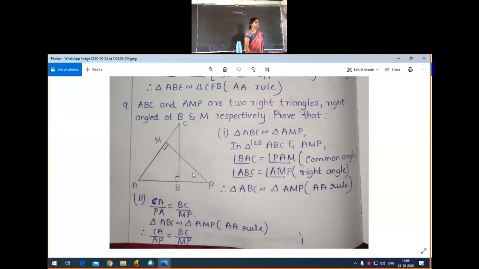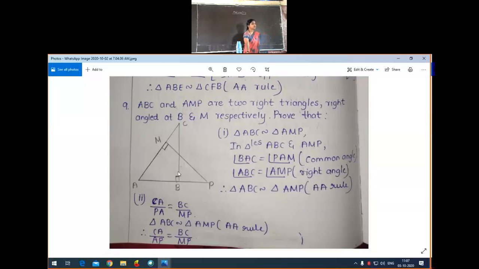My proof is already over, because we just showed that these two triangles are similar, and in similar triangles corresponding sides are always proportional. Since triangle ABC is similar to triangle AMP, we can write CA divided by PA equals BC divided by MP.